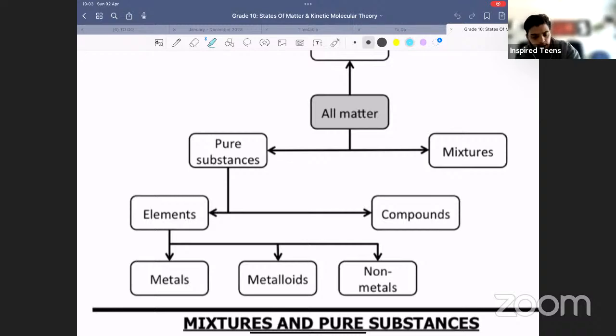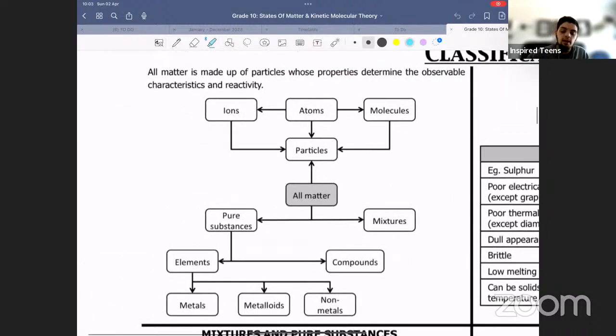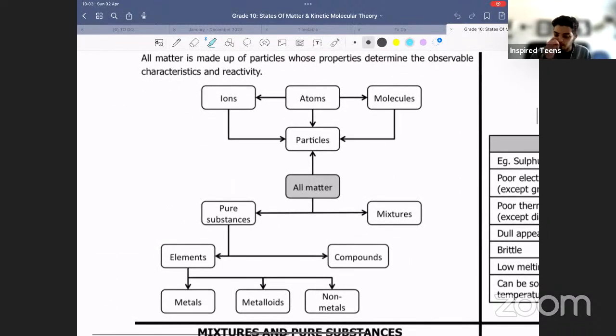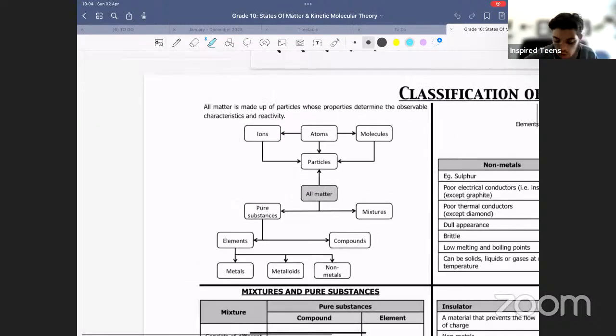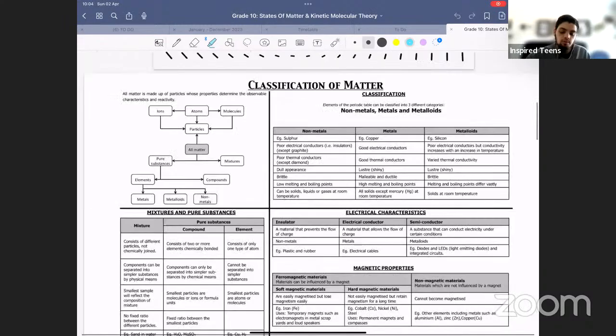When we go through the periodic table, which is a very important table, we'll see that we have our metals, metalloids, and non-metals. So that's just a little diagram explaining how all matter is made up of particles and where the particles stem from. Okay, cool. Let us continue.